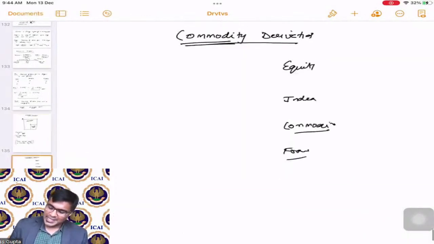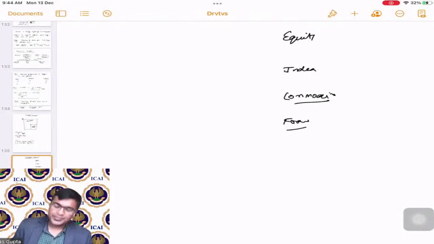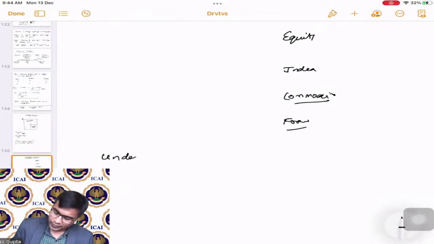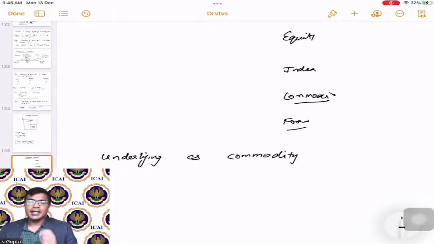As the name suggests, commodity derivatives have the commodity as underlying. So the underlying asset is always the commodity itself.